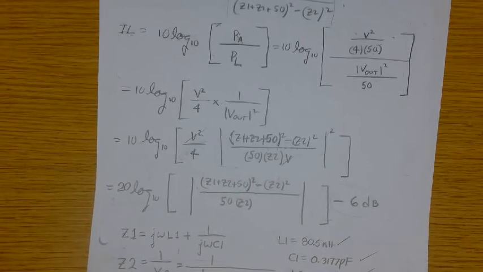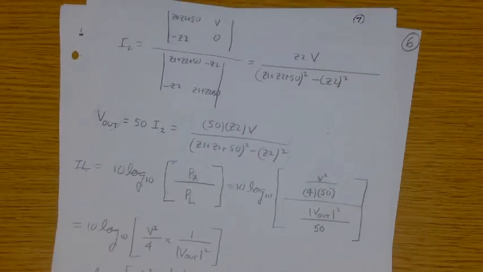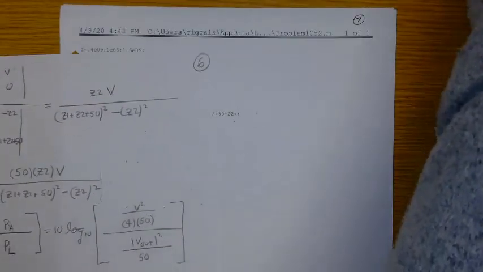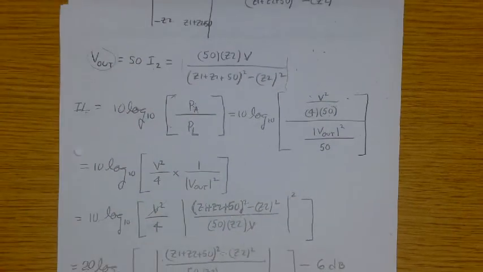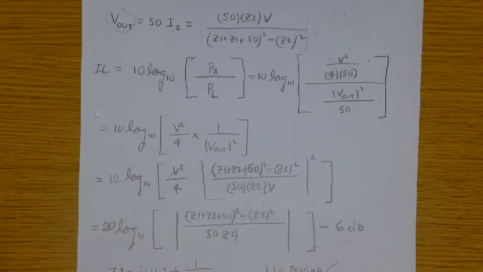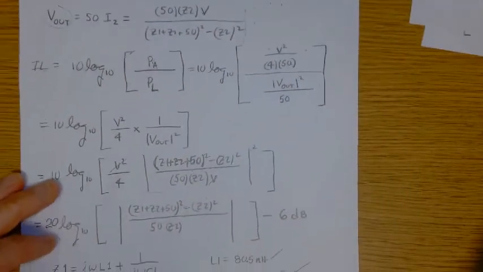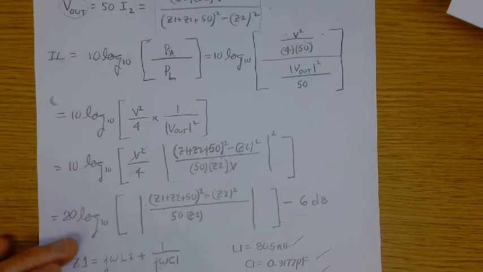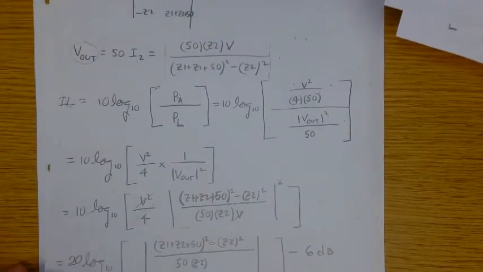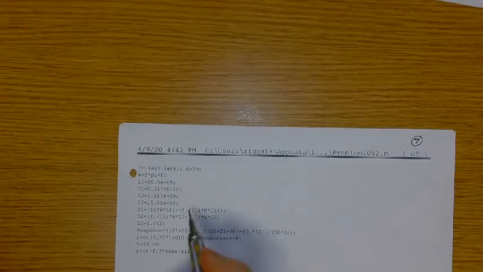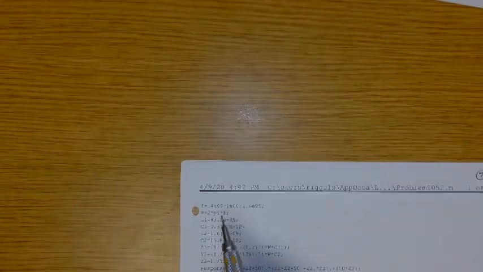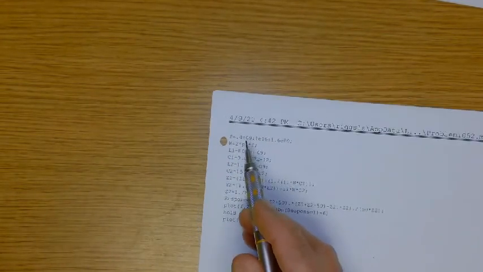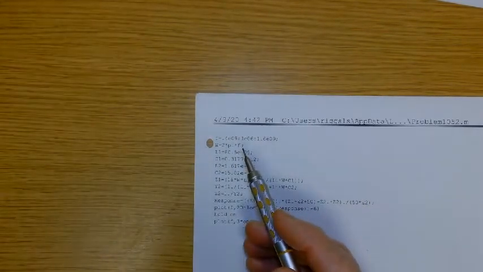So we'll plot the response, the insertion loss versus frequency, and that's what this code does in MATLAB. Real quick, I'll run this and zoom in. I create a range of frequencies and convert that into radian frequency. Here are my inductance and capacitance values. Here I'm computing the impedance Z1.